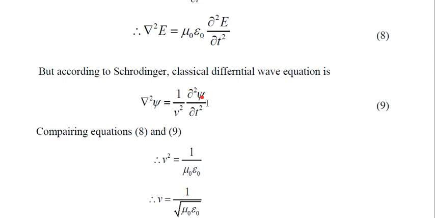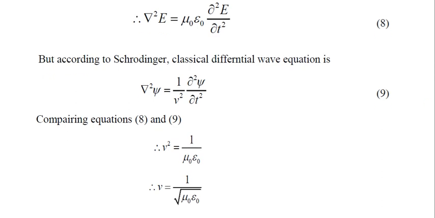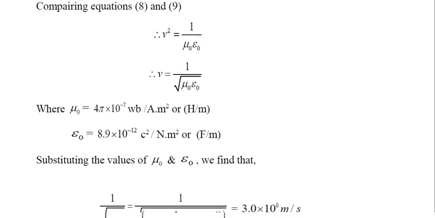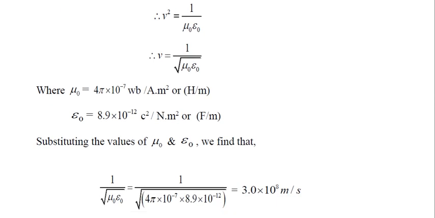Comparing these two equations, del square E with del square psi, mu naught epsilon naught with 1 upon v square, and dou 2E by dou t square with dou 2 psi by dou t square, we got v square is equal to 1 upon mu naught epsilon naught, and hence v is equal to 1 upon square root of mu naught epsilon naught.